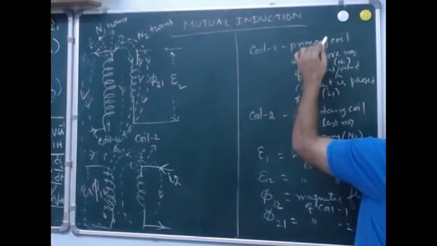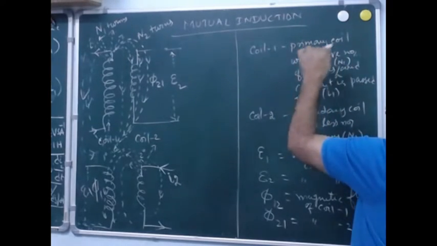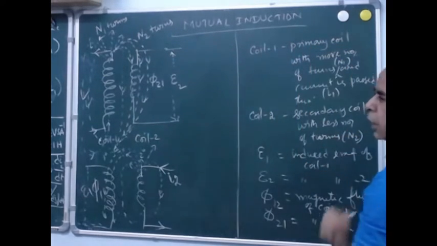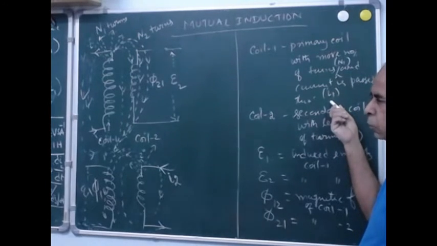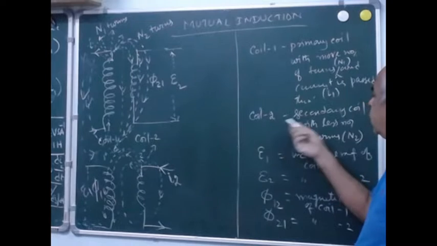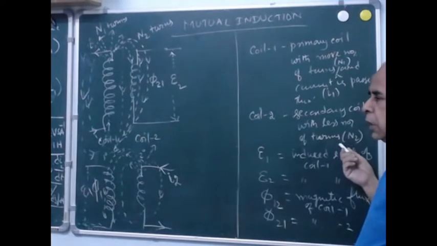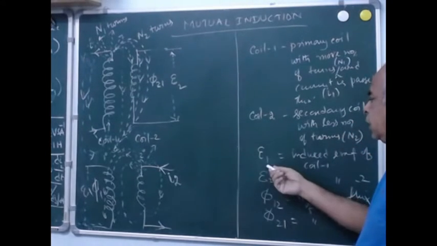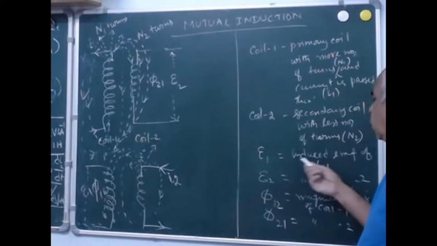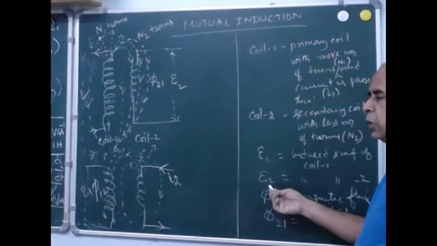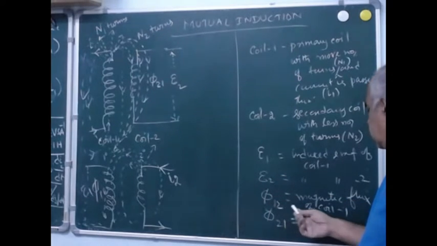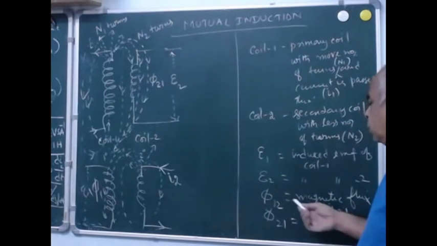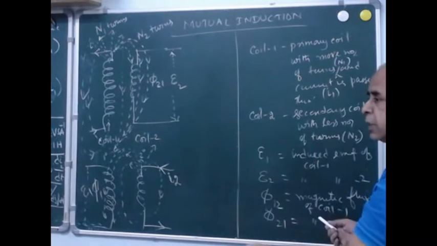Coil 1, the primary coil, with more number of turns of coil, N1, and current is passed through that, that is I1. Whereas the secondary coil has fewer number of turns, that is N2, and this is the induced EMF of the first coil, and this is the induced EMF of the second coil. This is phi 12, means magnetic flux of the first coil influenced by the second coil.